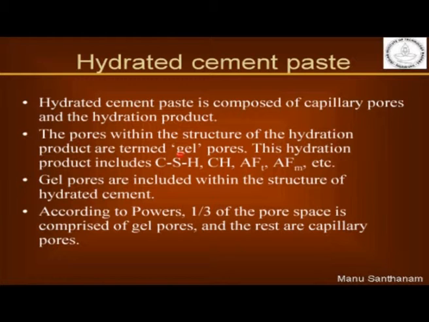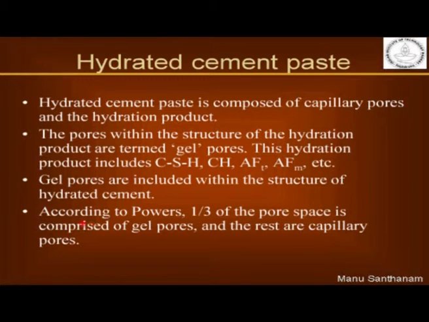The hydrated cement paste is composed of hydrated products like CSH, calcium hydroxide, ettringite, monosulfate, etc. Now again I told you earlier that calcium hydroxide, ettringite and monosulfate are very well crystallized materials, so you do not really worry about any porosity inside them, but CSH is semi crystalline and it has a lot of porosity inside, and that is responsible for the gel pores.